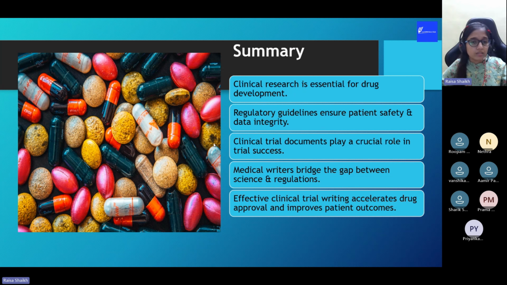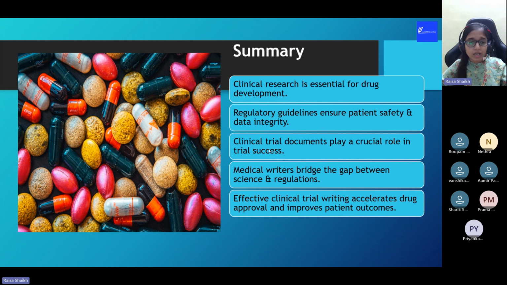Then medical writers. So if the clinical trial documents are that important, that means medical writers are also equally important, because you are the one who's going to write the clinical trial documents and bridge the gap between science and regulations. Okay. And effective clinical trial writing accelerates the drug approval process and improves patient outcome.